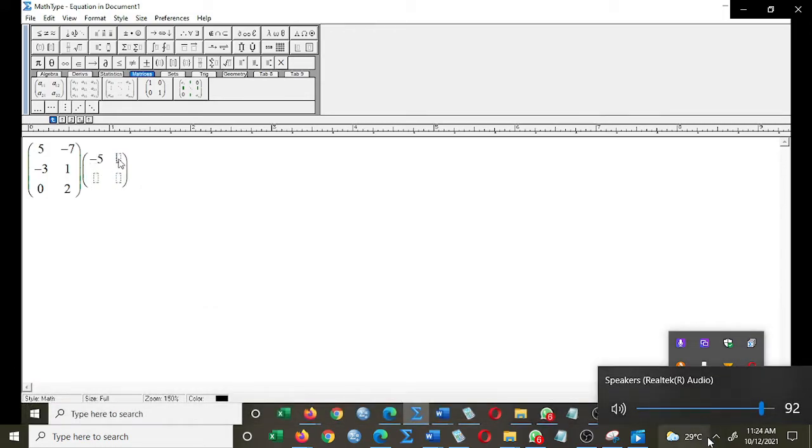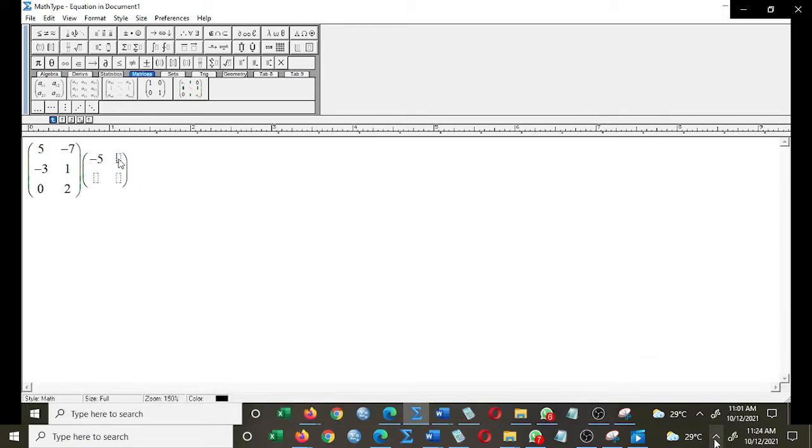The number of elements in the row of the first matrix must be equal to the number of elements in the column of the second matrix. You have to get used to that idea. Once that's satisfied, multiplication is possible. Trust me.